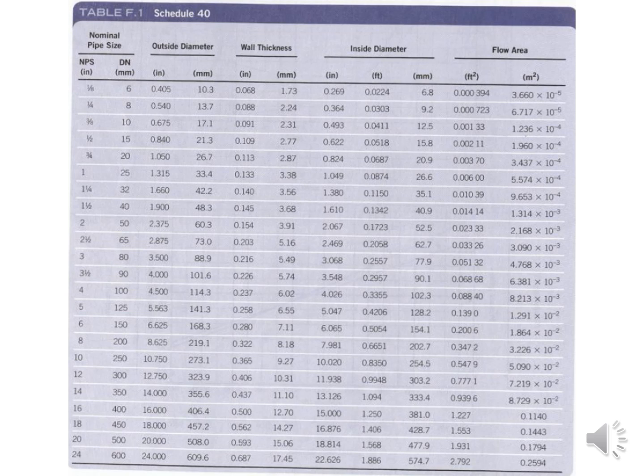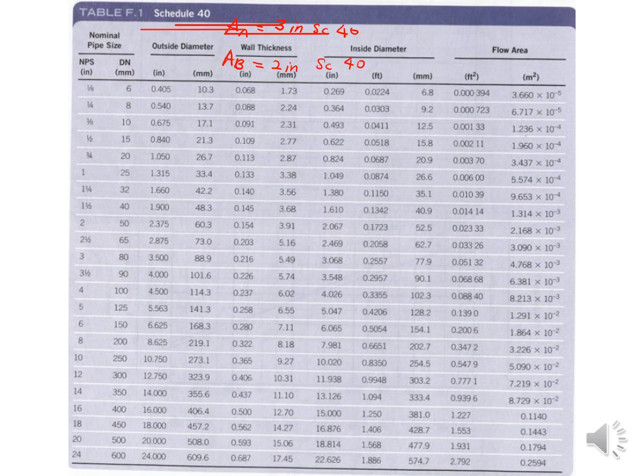This is the table that we should use to determine the area for A and the area for B. For AA, the spec given from the question is 3-inch schedule 40, and for AB it is 2-inch schedule 40.